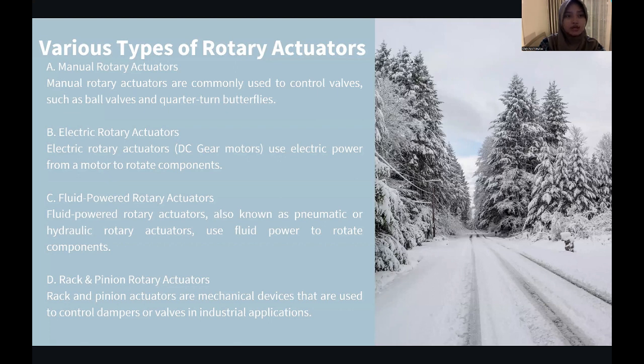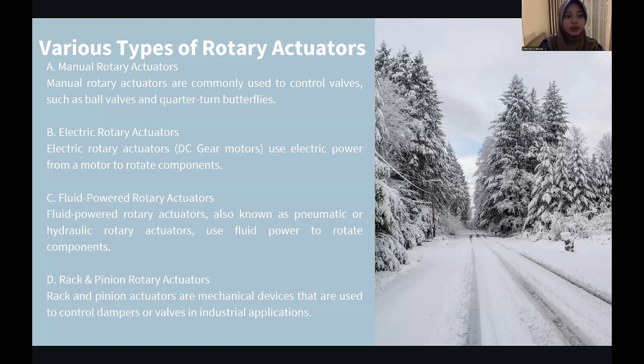Okay, various types of rotary actuators. A. Manual rotary actuators. Manual rotary actuators are commonly used to control valves such as ball valves and quarter-turn butterfly valves. B. Electric rotary actuators. Electric rotary actuators, or DC gear motors, use electric power from a motor to rotate a component.